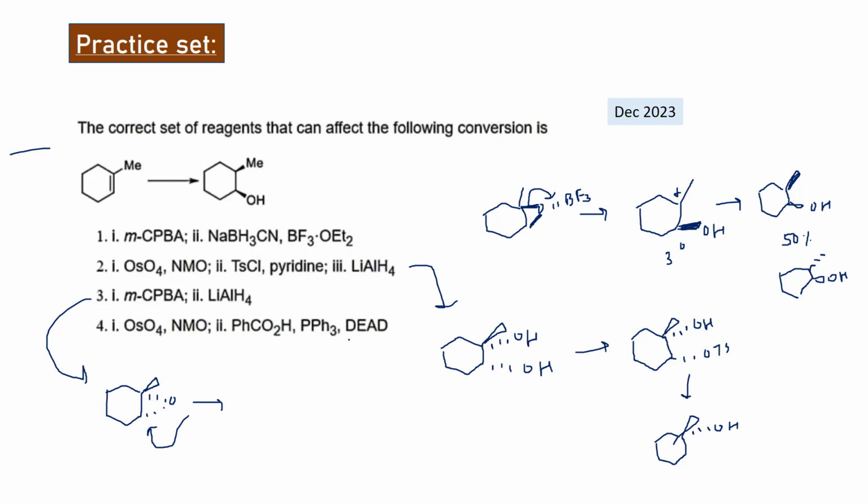Next is this one. Here they are using a benzoic acid, but there is no such benzoic acid, so this is also not possible. So the correct option is option A.